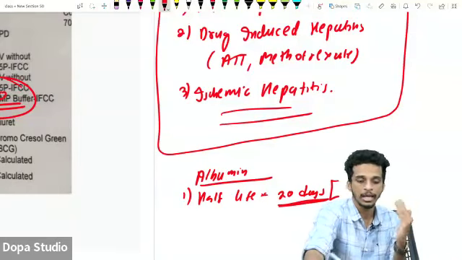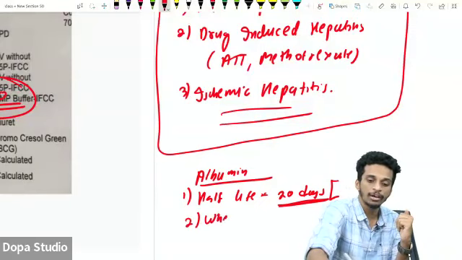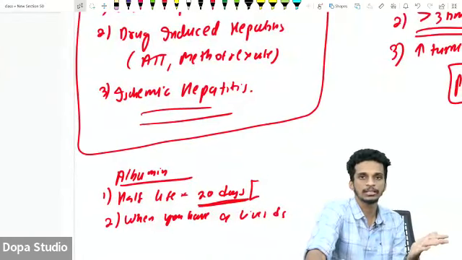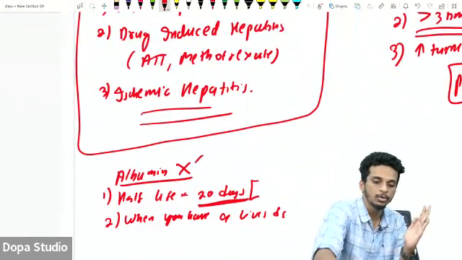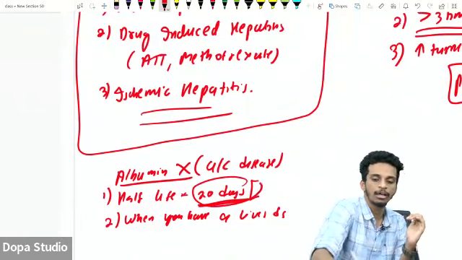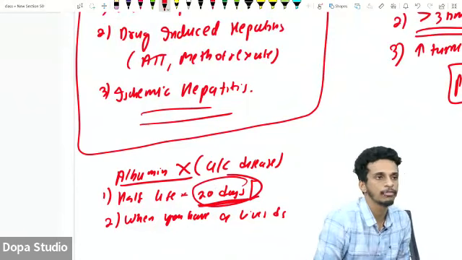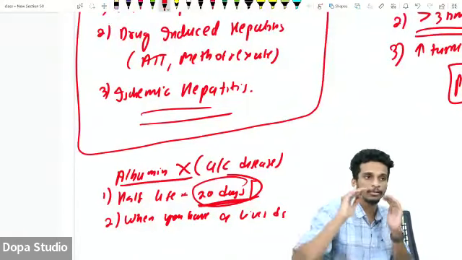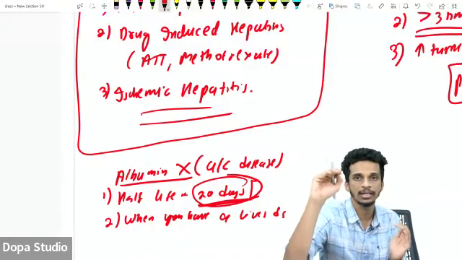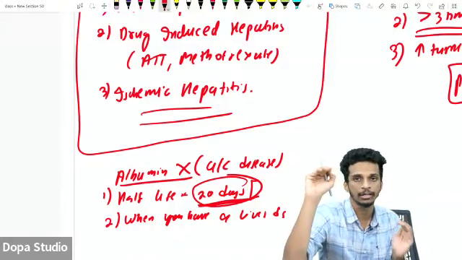That means when you have a liver disease, your albumin may be normal up to the next 20 days. Therefore, albumin cannot be used to identify an acute disease because the half-life of albumin is very high. You cannot use albumin as an indicator to measure an acute liver disease.